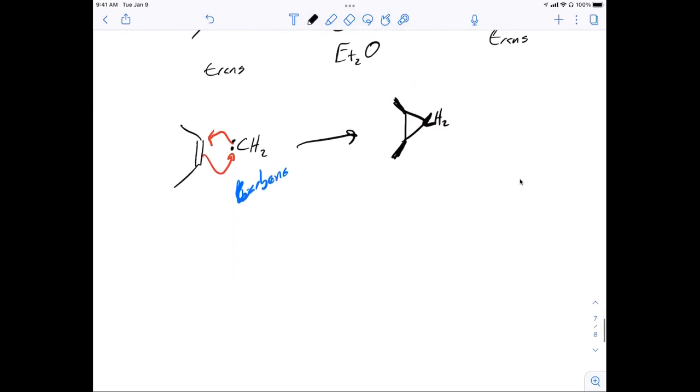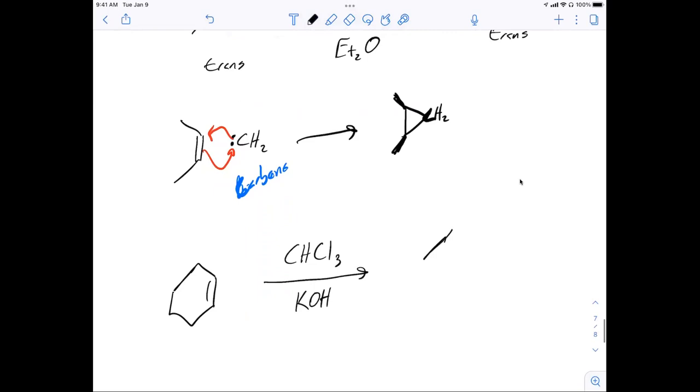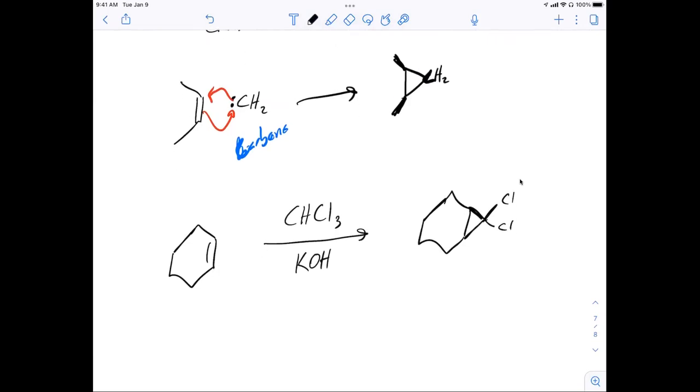You can also do this with chloroform in base. The difference here is that our product has 2 chlorines on it. So only useful if you want 2 chlorines on that. And what happens here is that you do form the carbene.